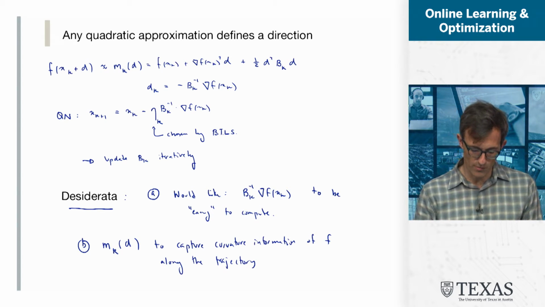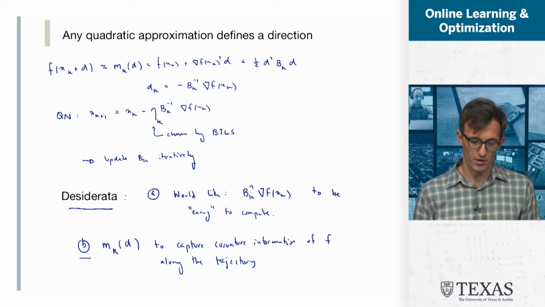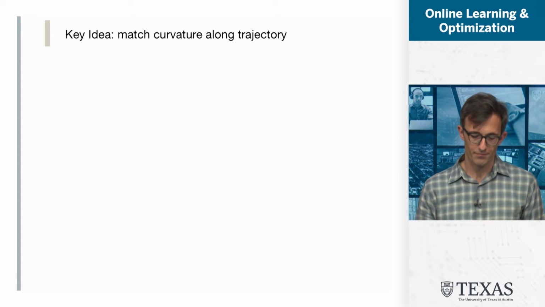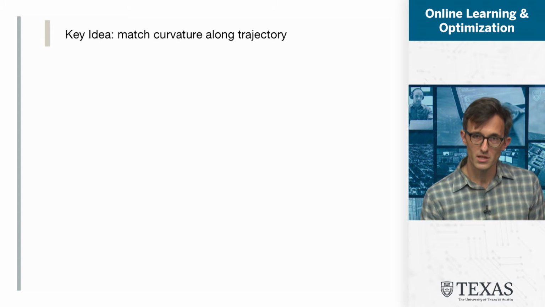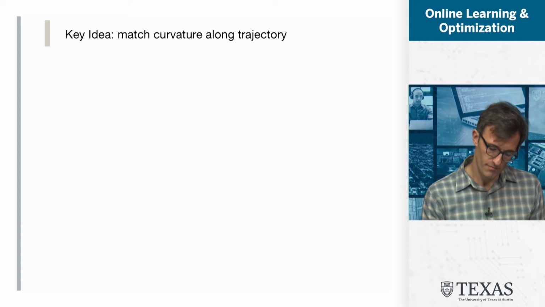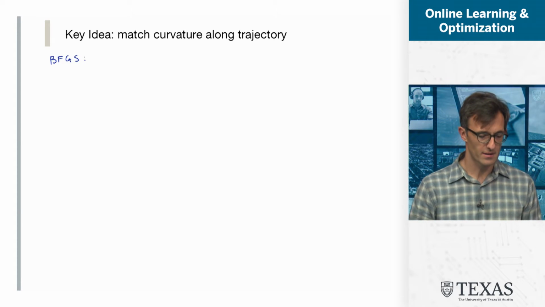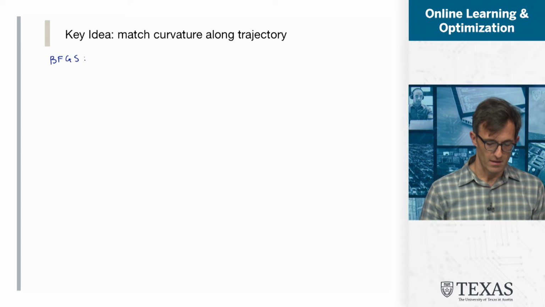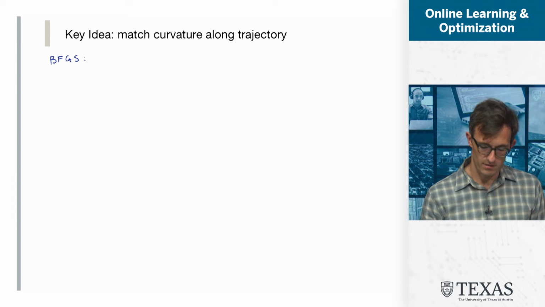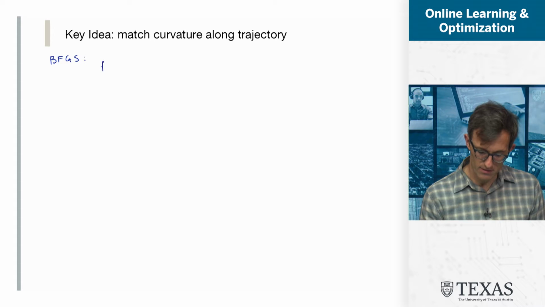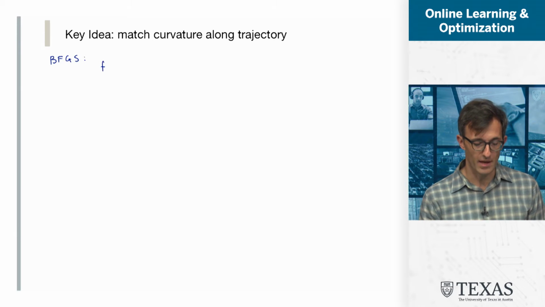So I want to revisit B a little bit more carefully. What should condition B capture? The core idea behind BFGS is this: we know what mk and mk plus 1 are.